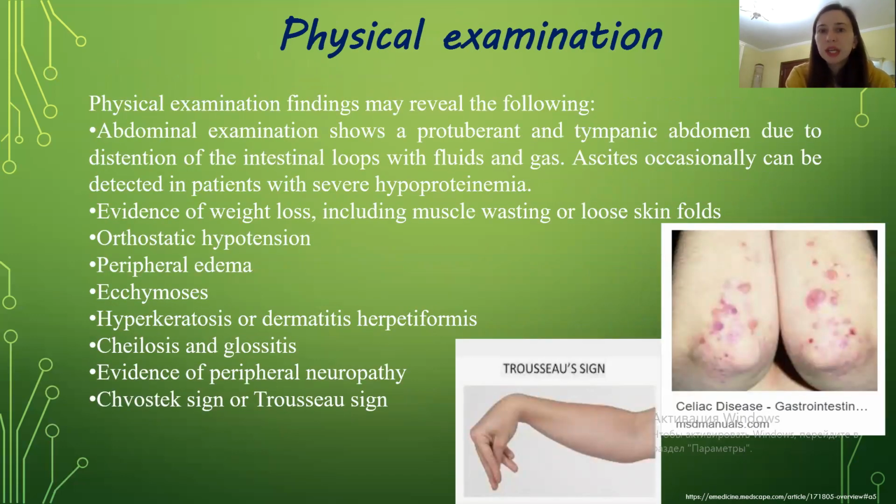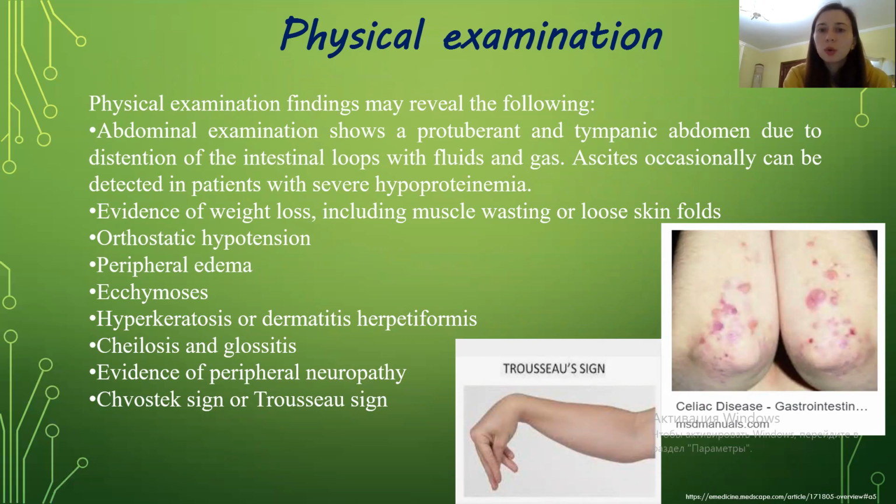Physical examination findings may reveal the following. Abdominal examination shows a protuberant and tympanic abdomen due to the distension of the intestinal loops with fluid and gas. Ascites occasionally can be detected in patients with severe hypoproteinemia.